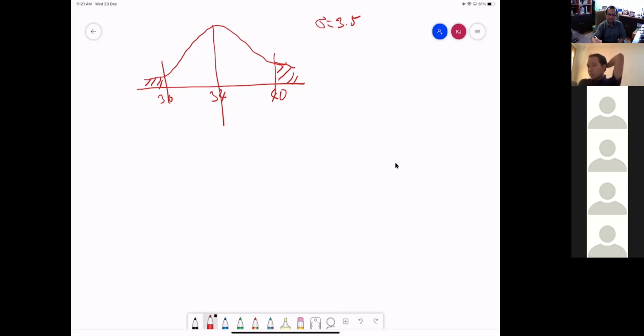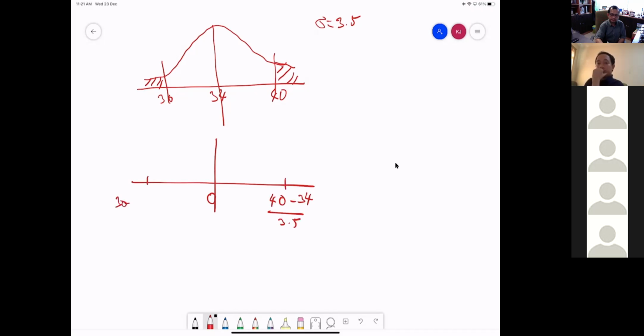First step, we standardize. 40 minus 34, divided by standard deviation 3.5. 30 minus 34, divided by 3.5. Calculate.